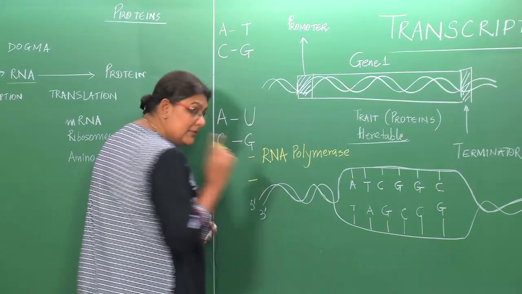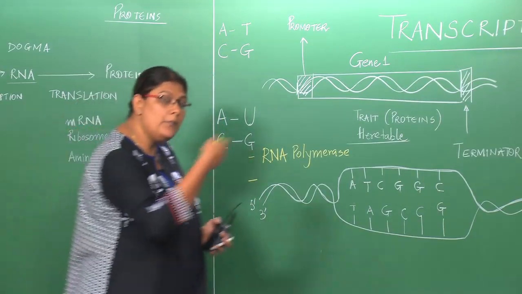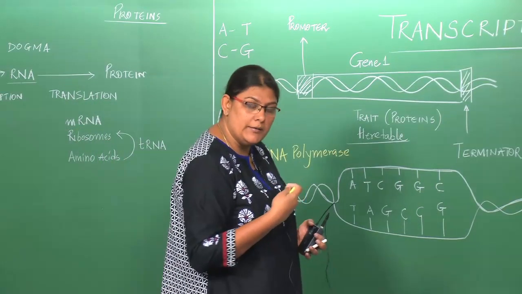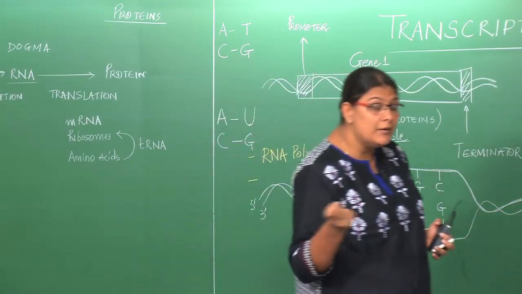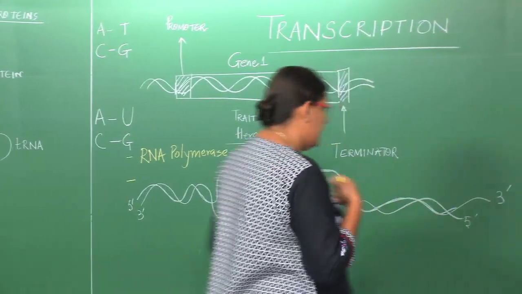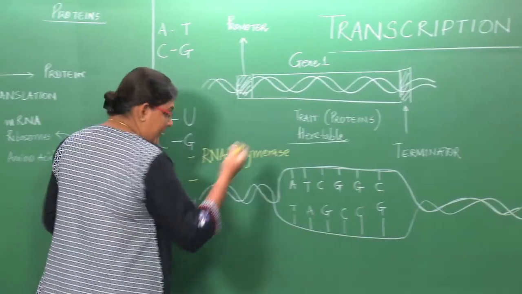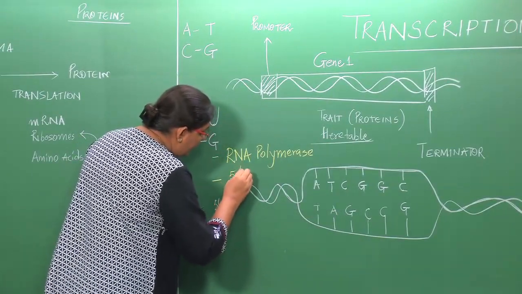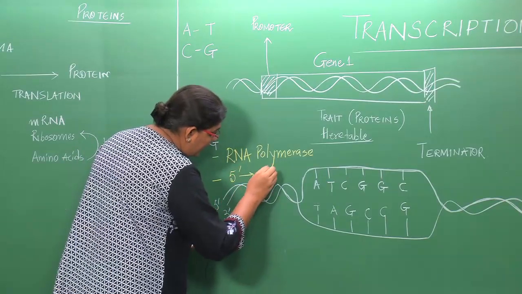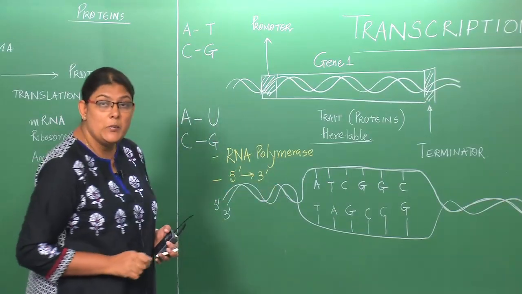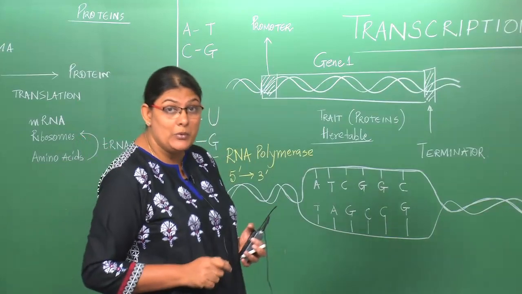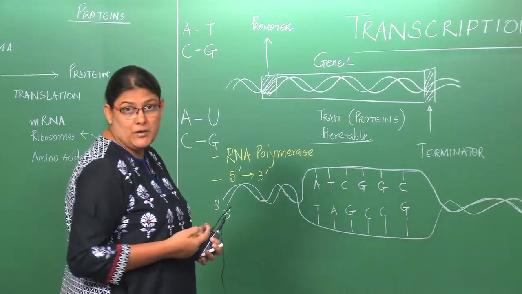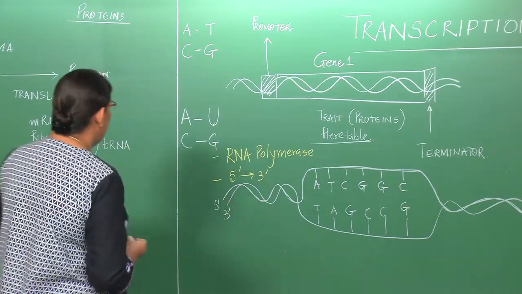Second, just like DNA polymerase, it will keep on adding the ribonucleotides. These are not deoxyribonucleotides. Here you are bringing in the ribonucleotides. It will polymerize the chain of RNA in the 5 prime to 3 prime direction. And I had explained why it happens in 5 prime to 3 prime, because of the phosphodiester bond formation.